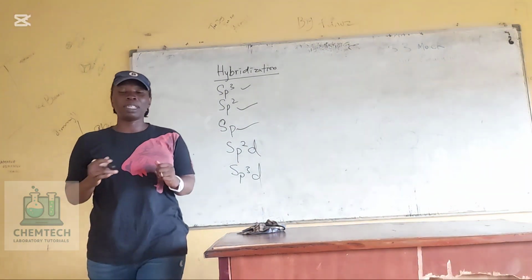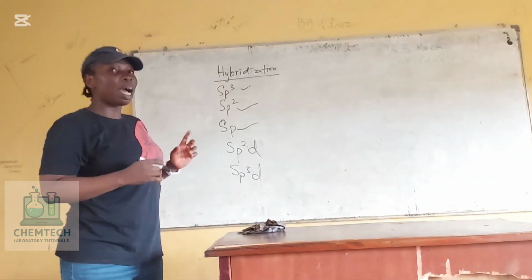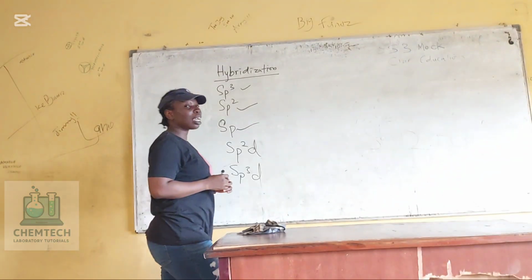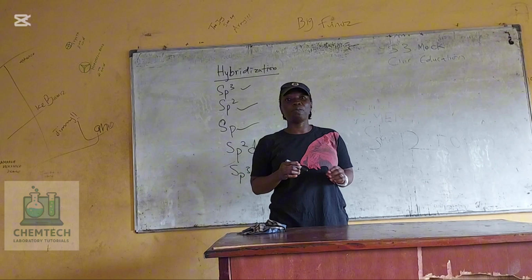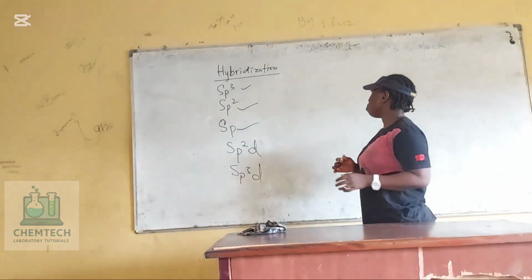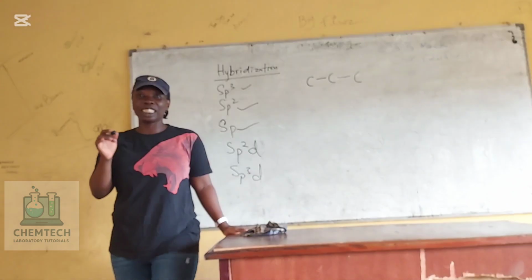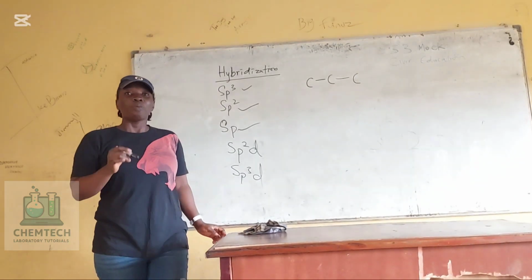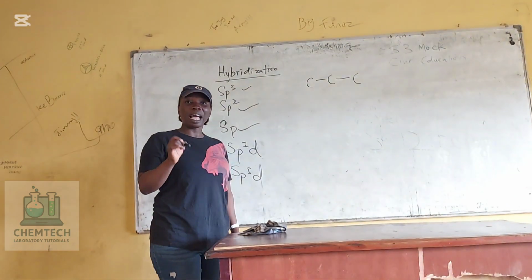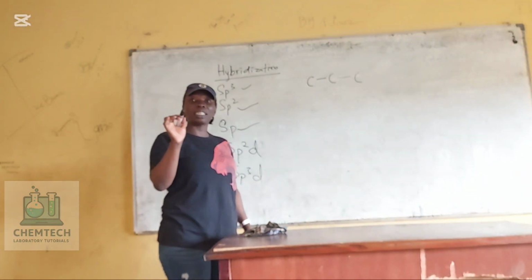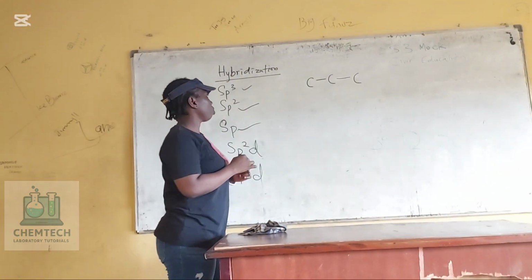While we're looking at hybridization, we know that carbon has this uniqueness as it can form a bond within itself and with other elements. This carbon has the ability to form longer chains of itself. The characteristic of carbon having to form longer chains of itself is because it has a tetravalent ability.